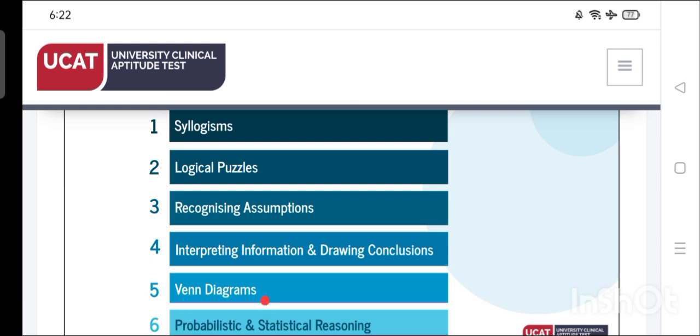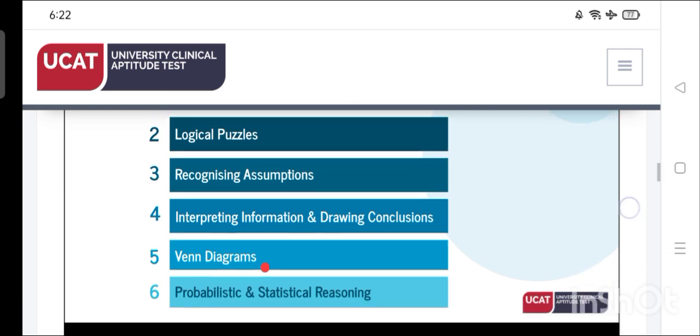Fifth, Venn diagrams. And the last one, the sixth one, is probabilistic and statistical reasoning. So these are the types of questions that are included in the decision making question tutorial.